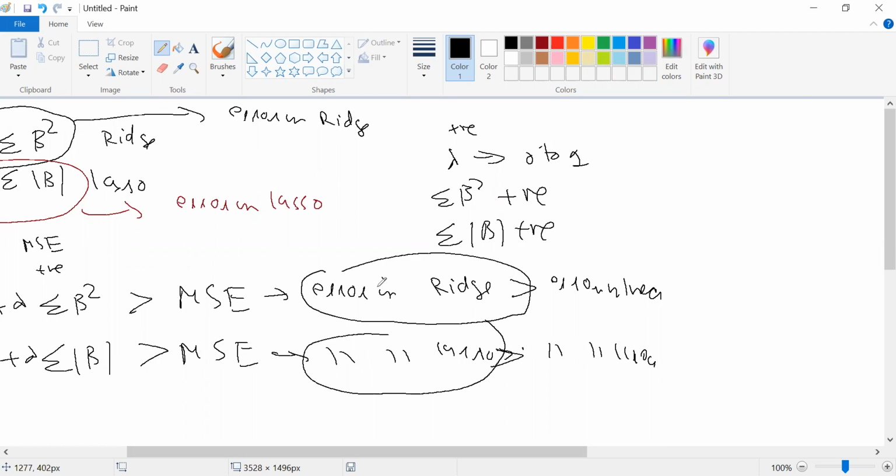So what is overfitting? Overfitting is your model is having very less error. Now what we can see is that in Ridge the error is more than your error in linear. In Lasso your error is more than in your linear. Write down one line.